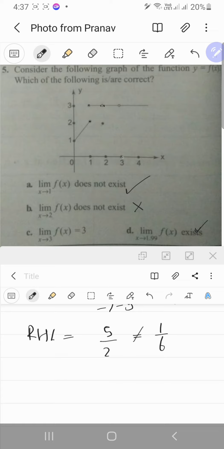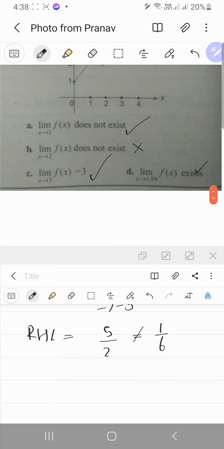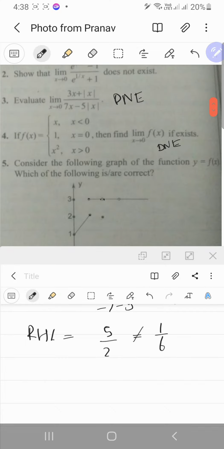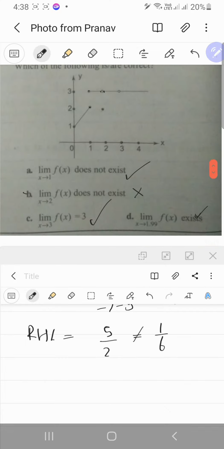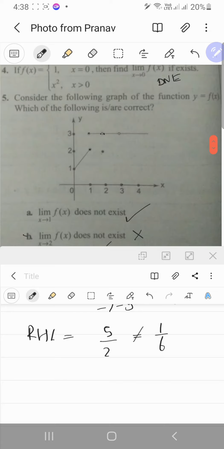As x approaches 3 over here, f of x is 3. Yes, that's also correct. So A, C and D are correct and this one is not. So the answer is A, C and D. Cool. That's it. I will see you in the next video.